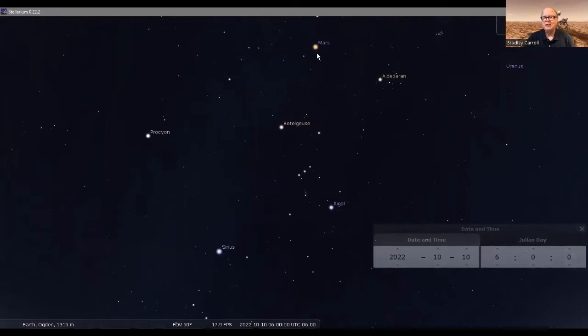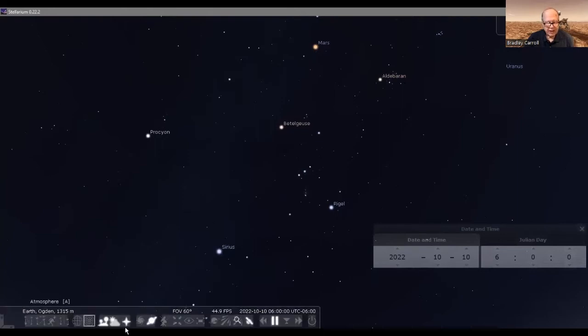And it really was a fantastic sight to see Orion, to see Sirius out there, to see the constellation of Taurus, which is over here a little bit further to the west. And this is the red giant star Aldebaran, which is the eye of that bull that represents the constellation Taurus.